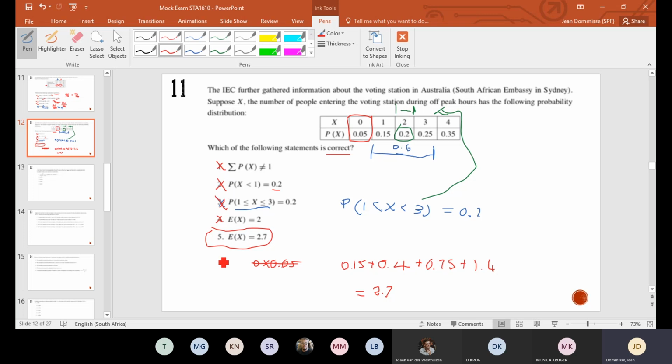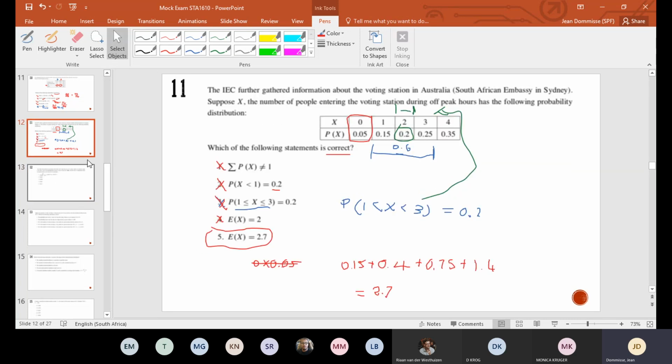So the chances that they will add it is probably very slim. And if it was added, I would first look at the other options, so that you don't need to take longer to work out the variance. If the other options are wrong, you know the variance is the correct one.